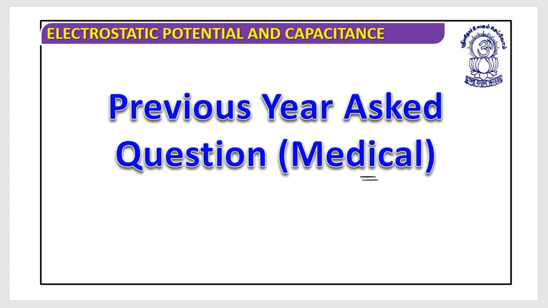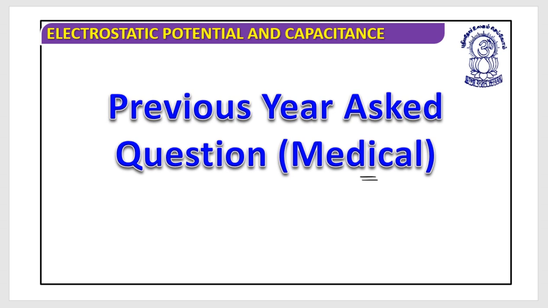If not, don't worry, I am there on the other side. Just play the video, look at the solutions and reattempt it. This will help us clear this unit, from what is potential to capacitance at the end. Yes, so are you ready? Can we start?